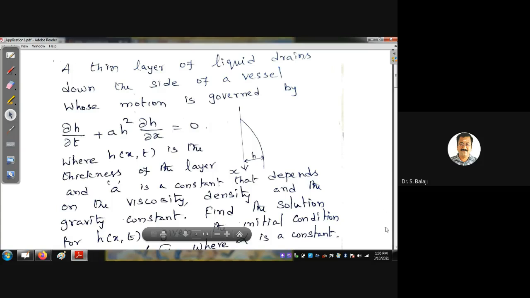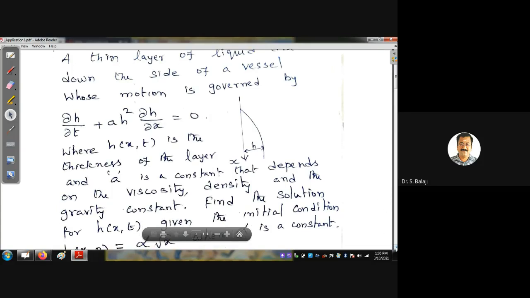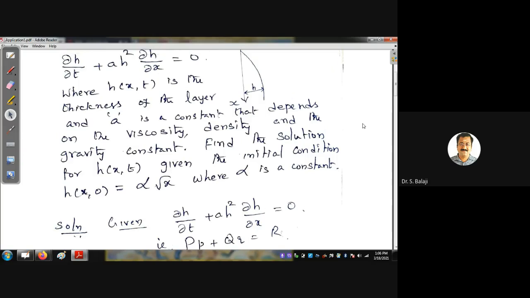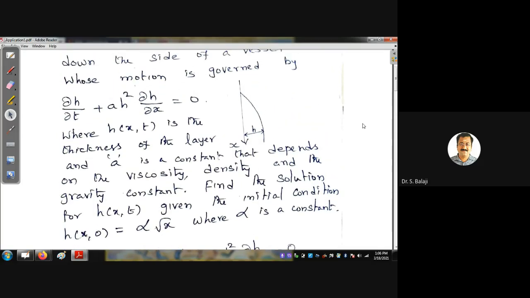Find the solution for h of x comma t, given the initial condition h of x comma 0 equal to alpha times square root of x, where alpha is a constant.